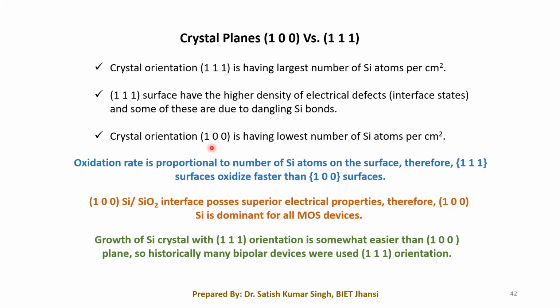So whenever we are growing a single silicon crystal using the Czochralski process or any other process, the seed crystal should have a particular orientation so that this orientation is transferred to the single silicon crystal that we are growing.